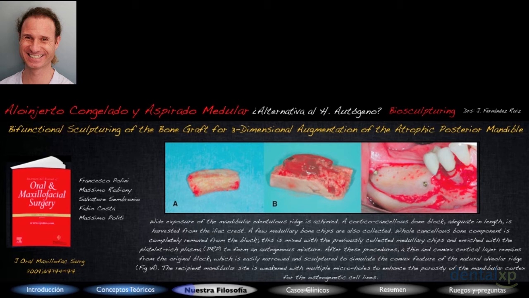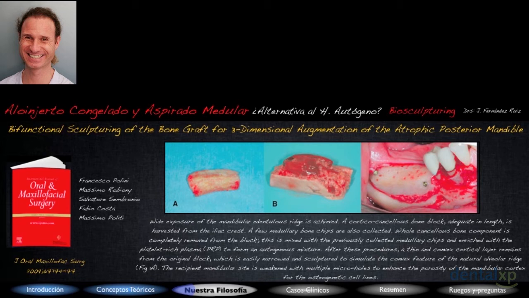What we will do is have this graft that will have the thickest and the strongest part on the crestal area, and the whole cancellous bone component will be completely removed from the block.